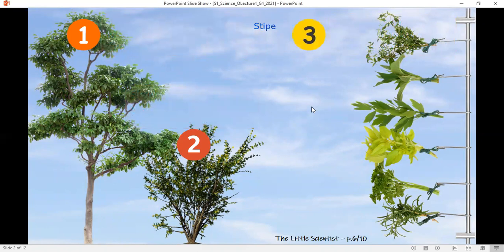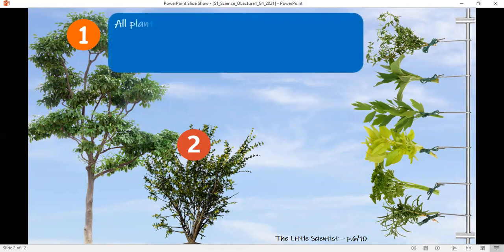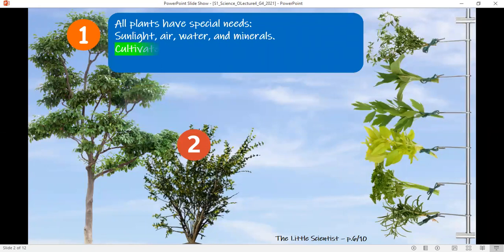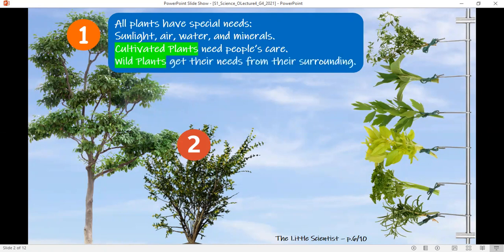All organisms, plants, need several things. They have basic needs such as water, sunlight, minerals, and carbon dioxide. When we provide plants with their needs, we consider them cultivated plants, since cultivated plants are plants that need man's care, while wild plants are plants that grow by themselves in nature without the help of man, without us caring for them.